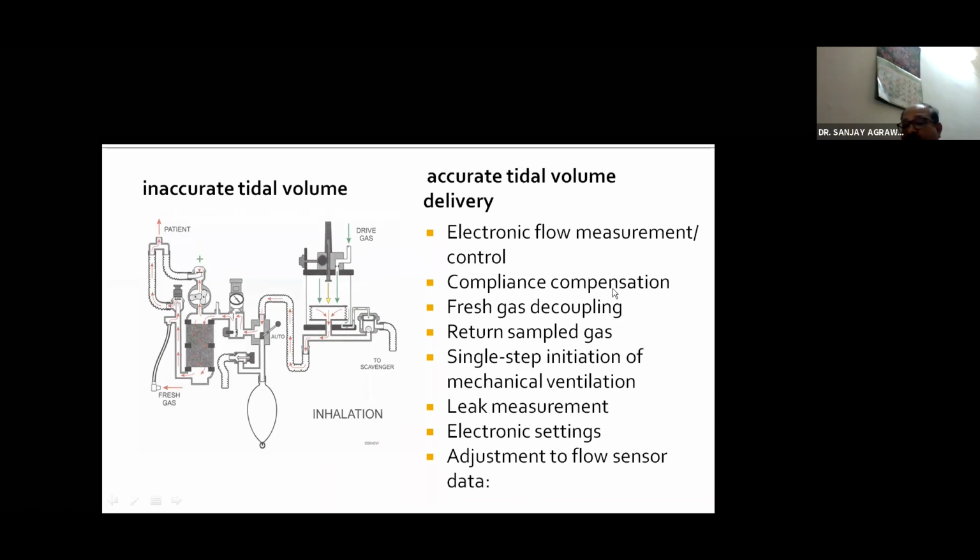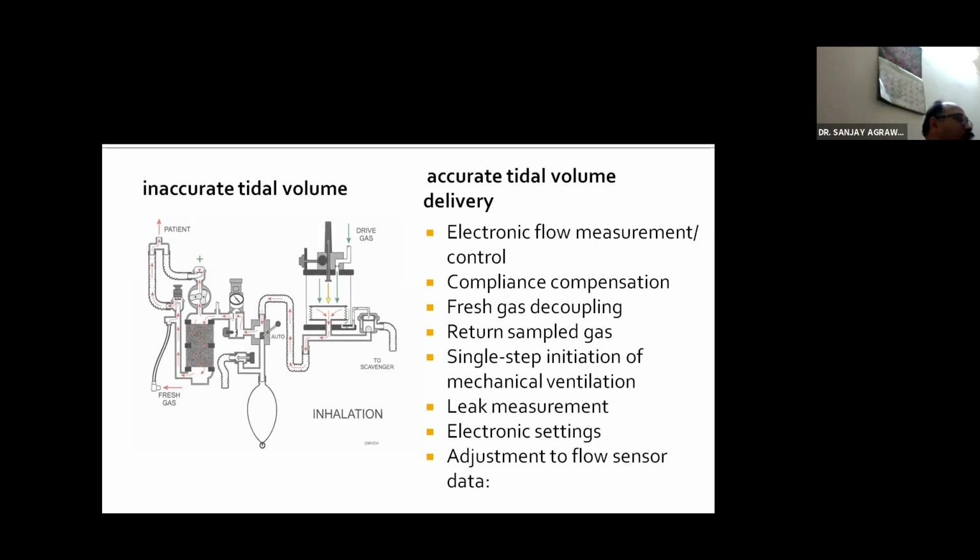There is compliance compensation, there is fresh gas decoupling, there is a return of sampled gas back to the anesthesia machine. Single step initiation of mechanical ventilation, leak measurements, electronic settings, and adjustment of flow sensor data. Because of all these things, we are now delivering accurate tidal volume to the patient.